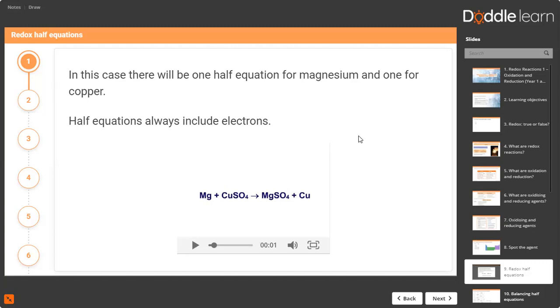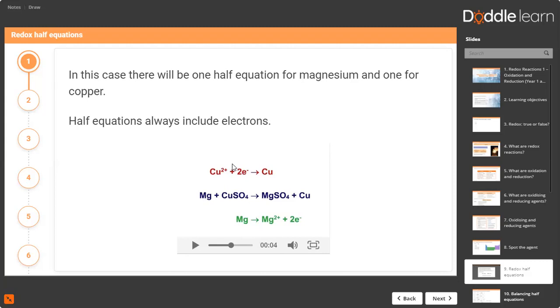So that is how we then get these equations being formed. We have Cu2+ plus 2 electrons will take us to just copper on its own. And then we have magnesium. Sorry, what have I just said?